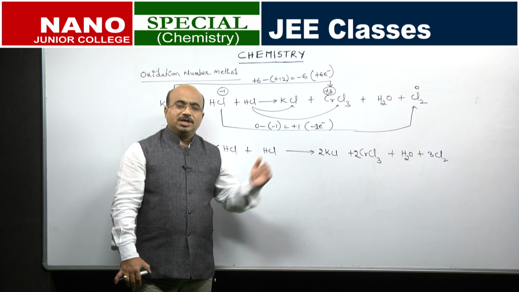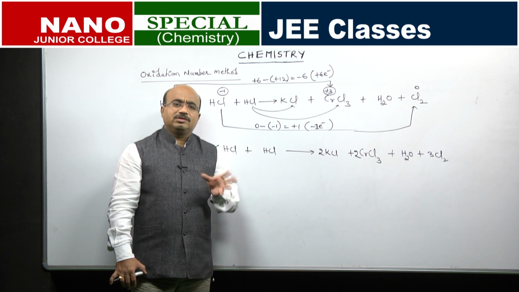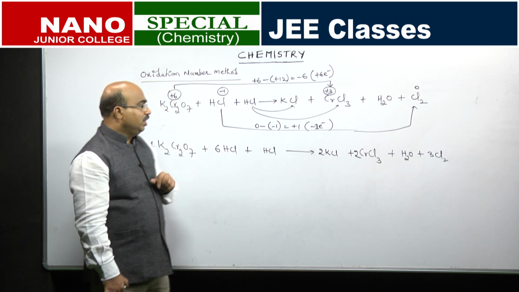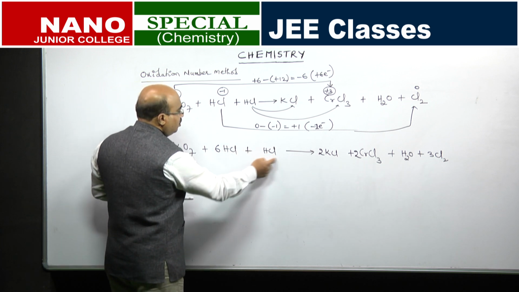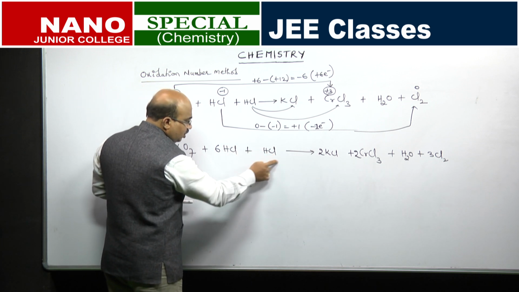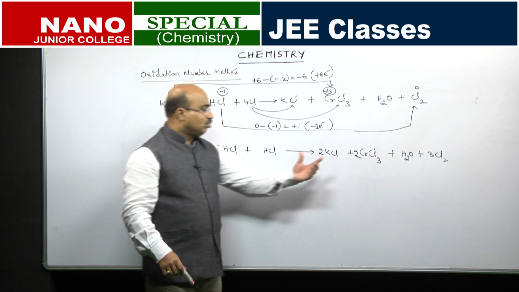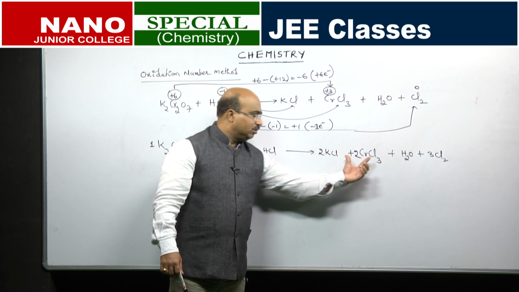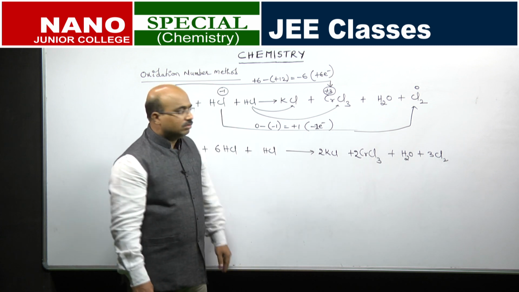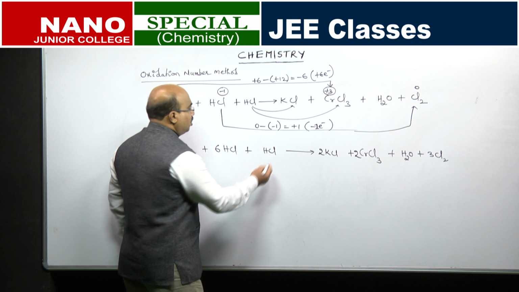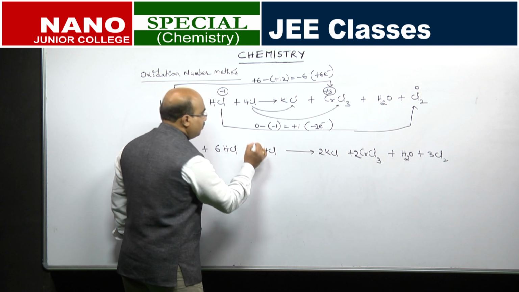Maybe chlorine may be there, but very rarely. So, here chlorine which is not changing, and this is changing. There are 2 chlorines which were not changing plus 6. So, the total number of chlorines which are not changing is 8, all must come from here. So, this is 8.